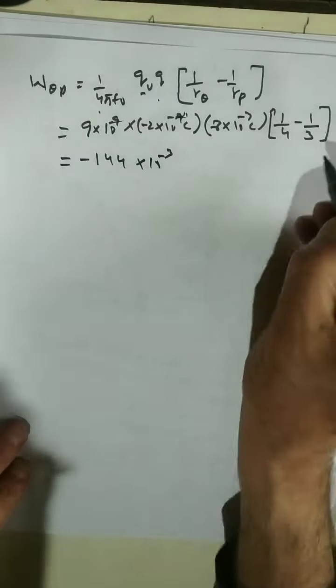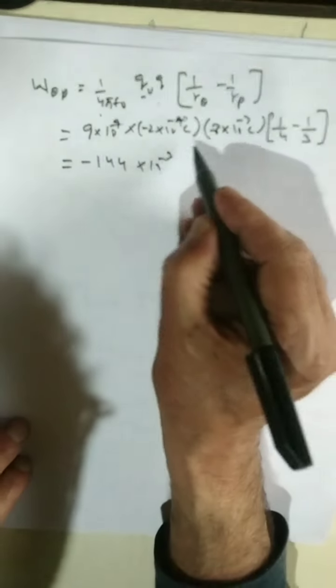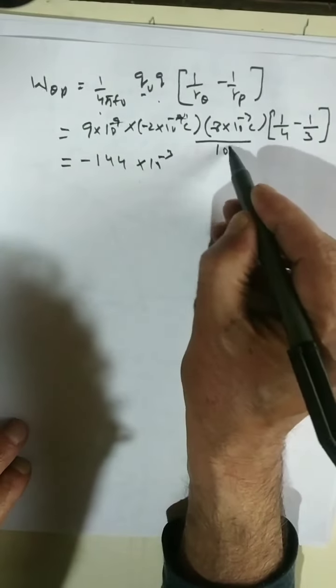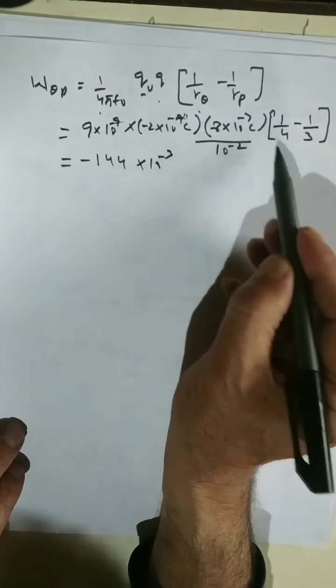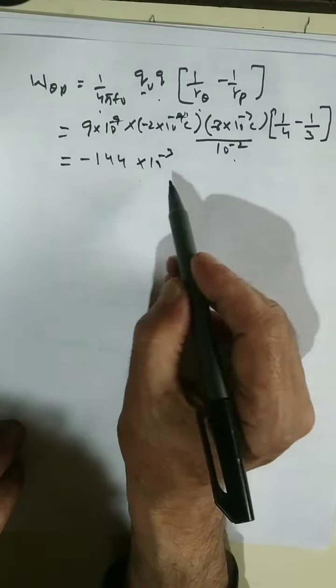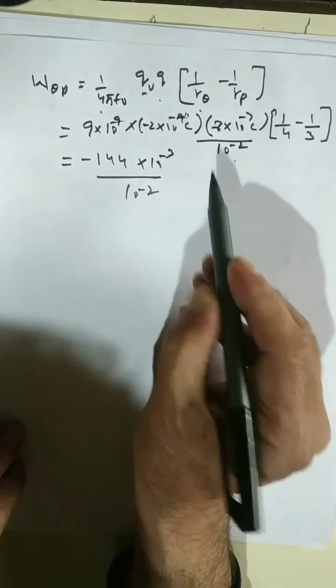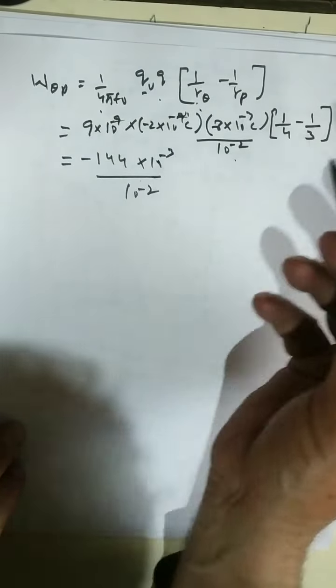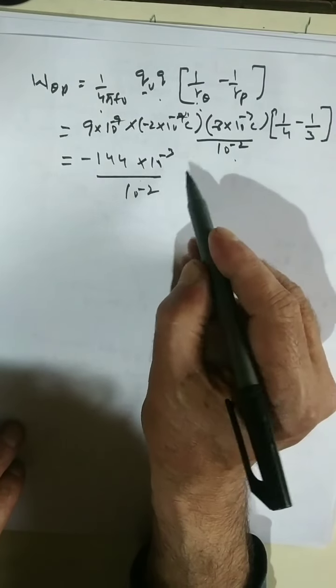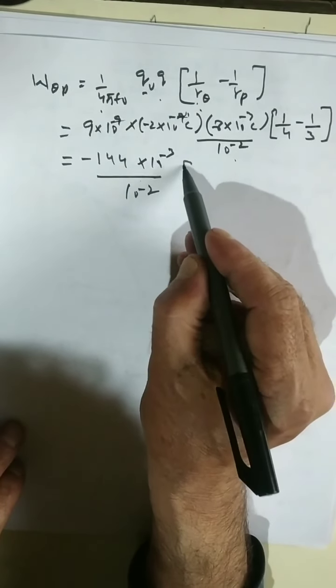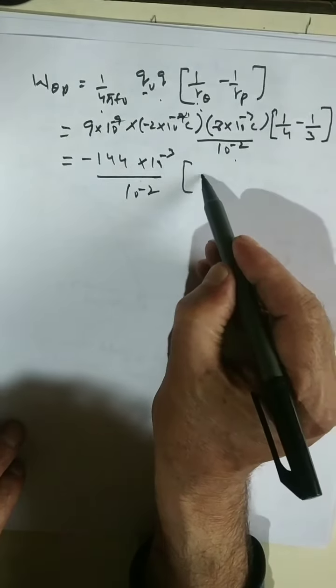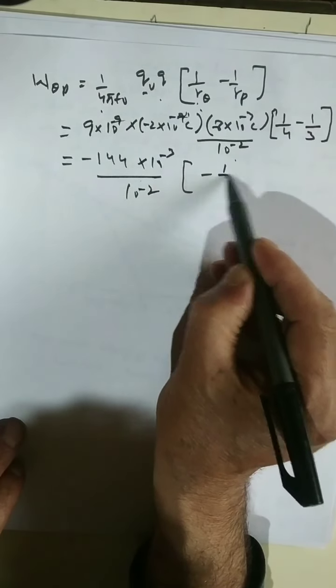यहाँ हम 10 raised power minus 2 भी यहाँ मल्टीप्लाई करेंगे, वो हम यहाँ कॉमन निकालेंगे, because RP is minus 10 by 2, ये हमने 10 by 2 कॉमन निकाला. So 10 raised power minus 2, इनका तो अंदर बचेगा ये. ठीक. So अंदर होगा 4 3 में, that is minus 1 by 12.